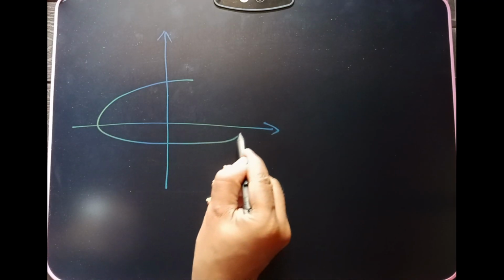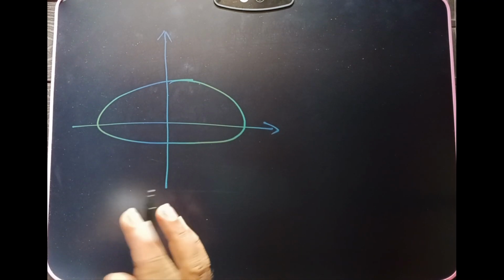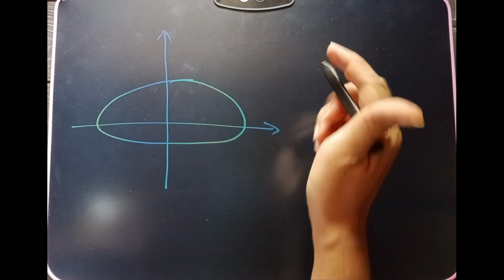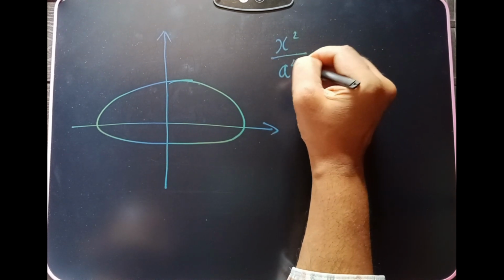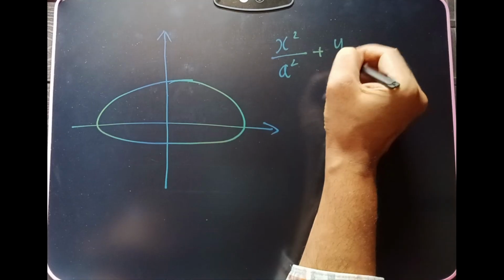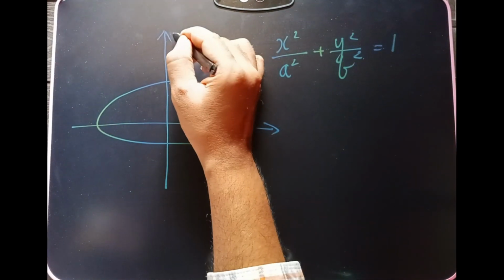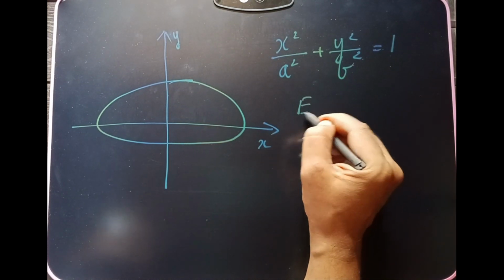Ellipse, somewhat perfect, somewhat okay, still debatable. Broad on the x and compressed on the y. So you'll have x square by a square plus y square by b square is equal to 1. This is the ellipse equation. This is y and this is x. Ellipse formula.